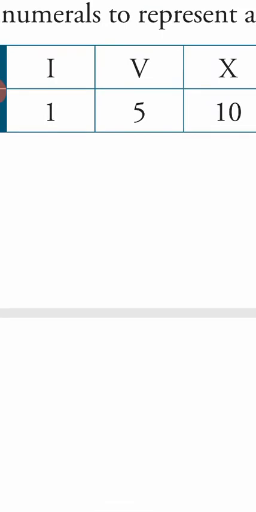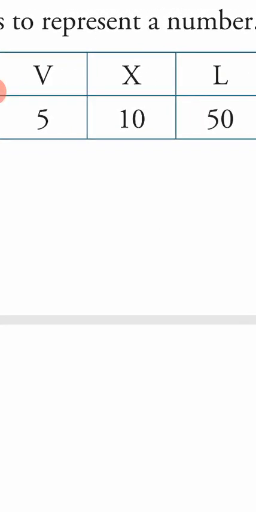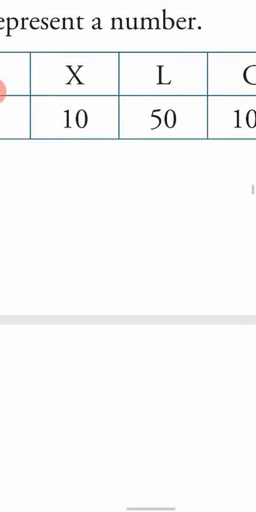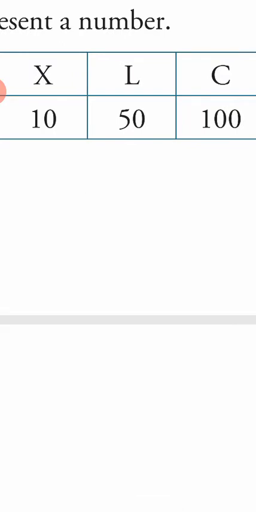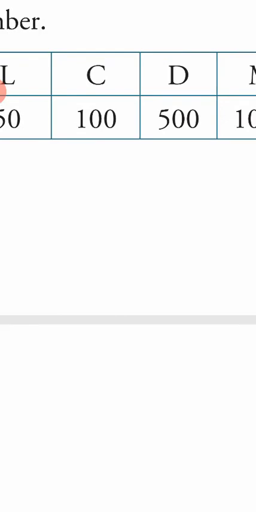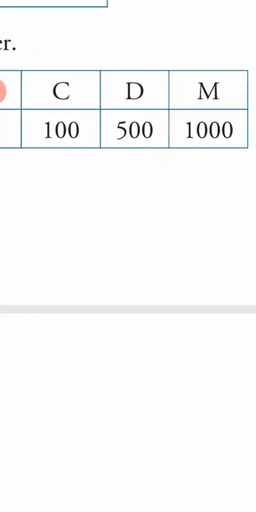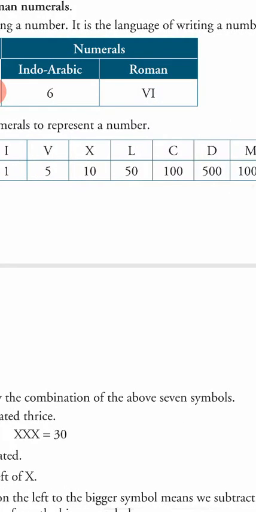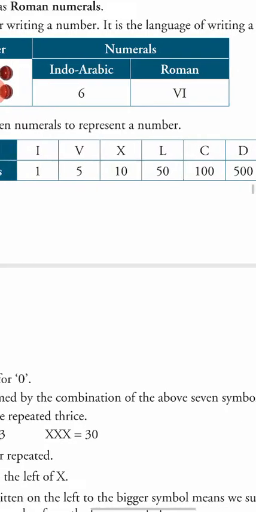So, just speak it with me. 1 will be represented by I, 5 by V, 10 by X, 50 by L, 100 by C, 500 by D, and 1000 is represented by M.